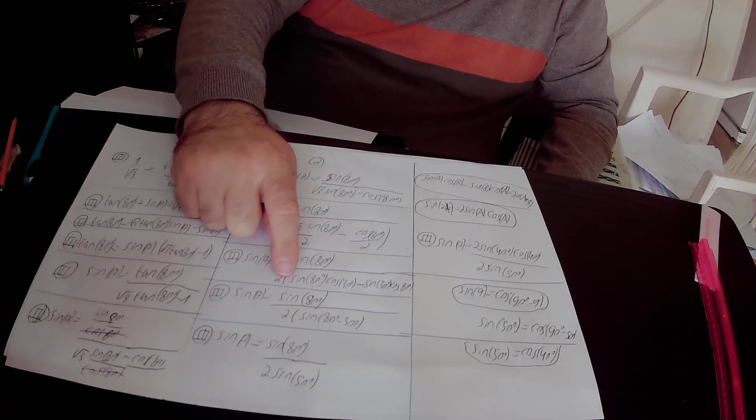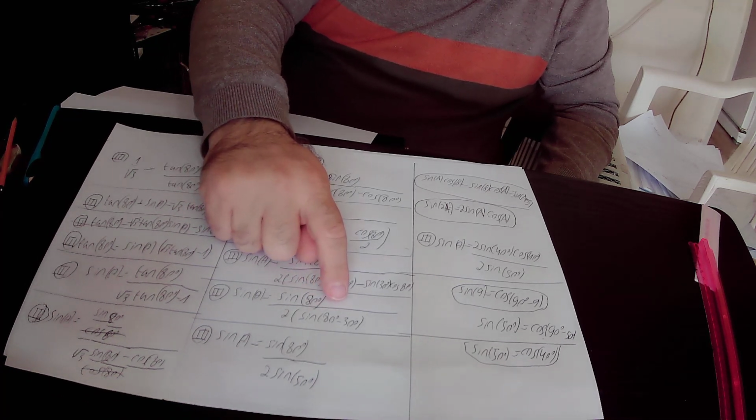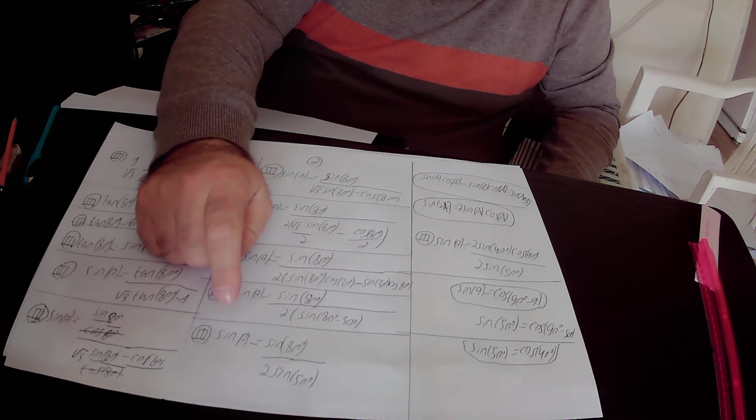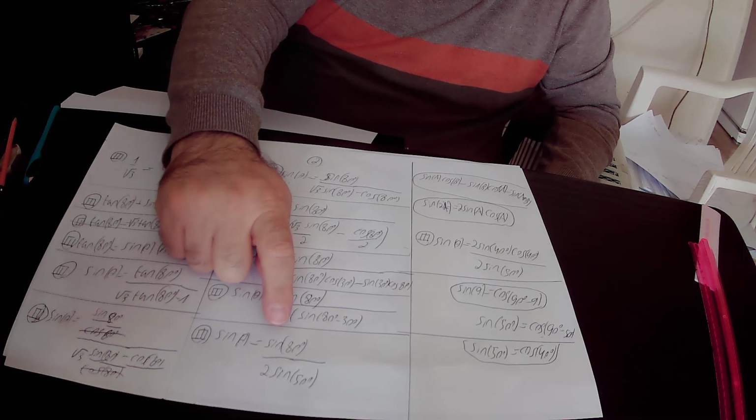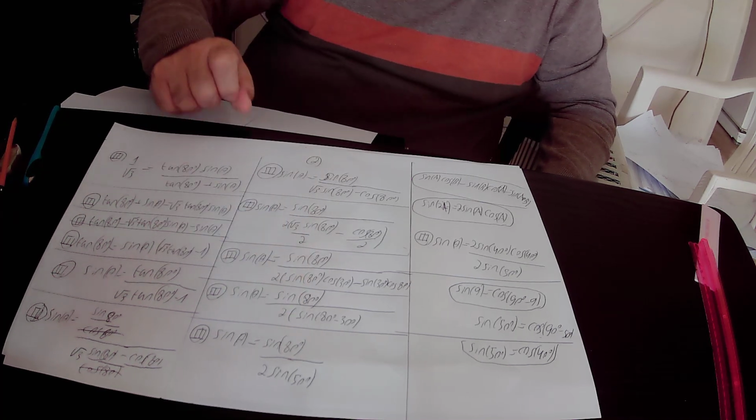And 80 degrees minus 30 degrees is 50 degrees. So in conclusion, we found that sine theta equals sine 80 degrees over 2 times sine 50 degrees.